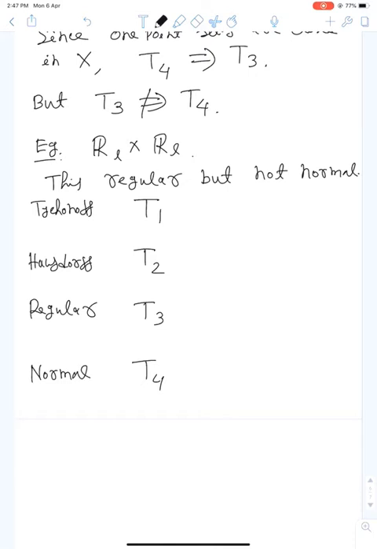And we know that T4 implies T3, T3 implies T2, and T2 implies T1. But the converse is not true. That is, this is not true. Here we get the example RL cross RL, which is regular but not normal.